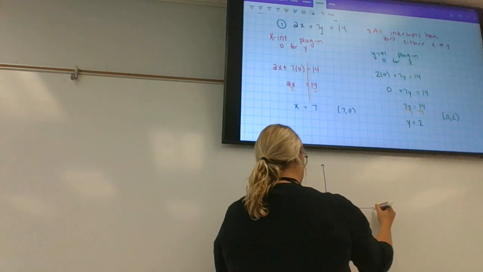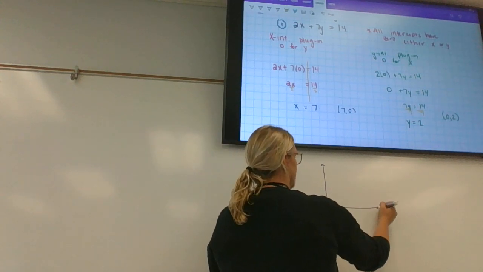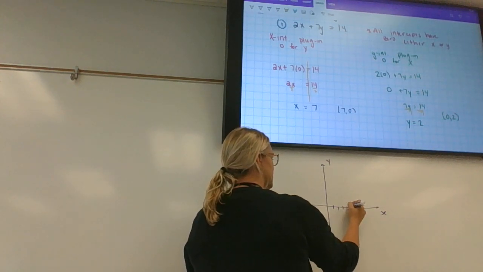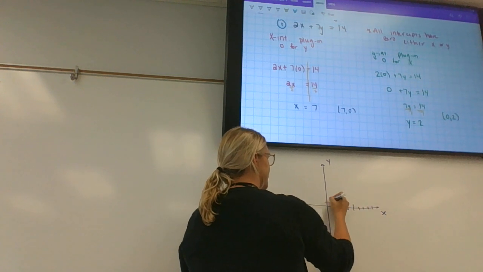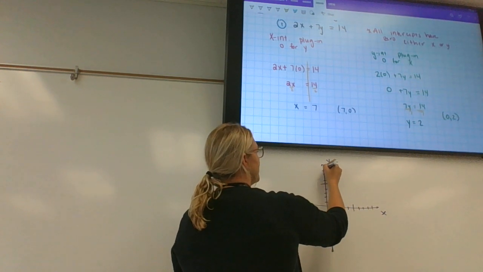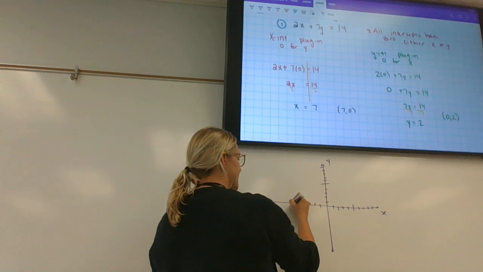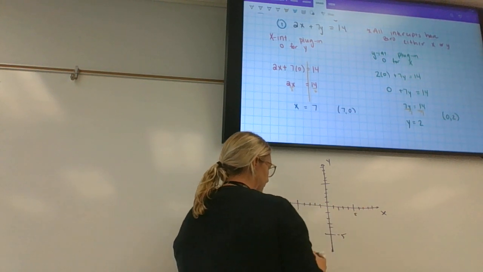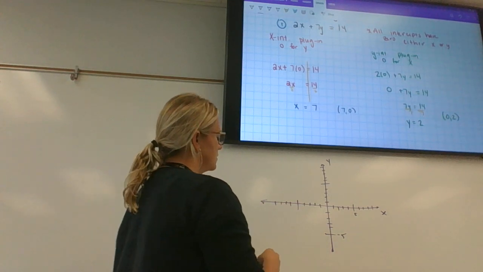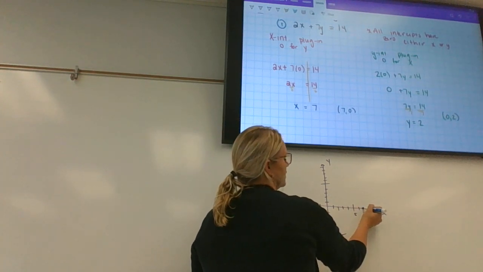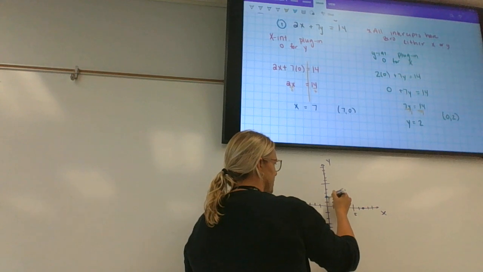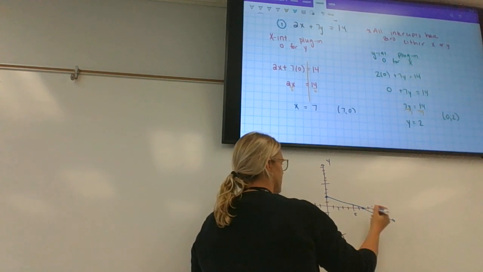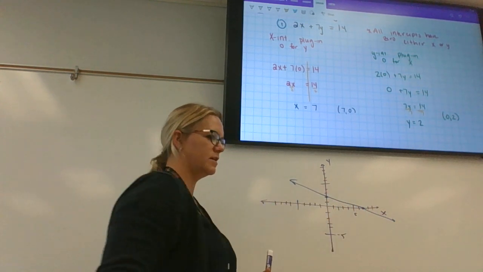Moving from graphing on a number line to graphing on the coordinate plane. So here and here, hopefully your line's a little bit more straight than that.